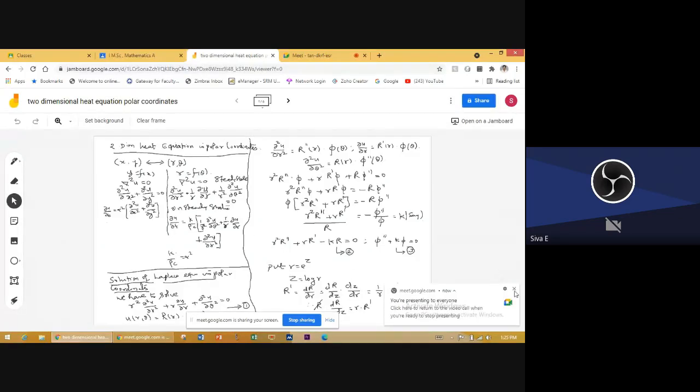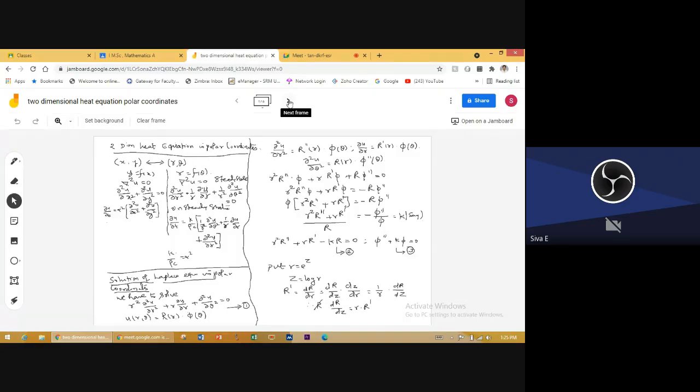So in the last class, we discussed the two-dimensional heat equation in polar coordinates. Here there are two types of equations given: one is the steady state equation, the other is the unsteady state equation. And what is the condition for steady state?